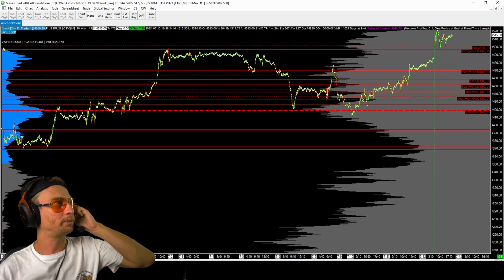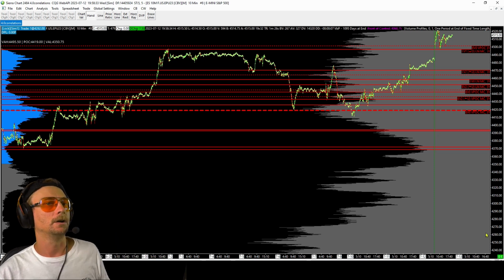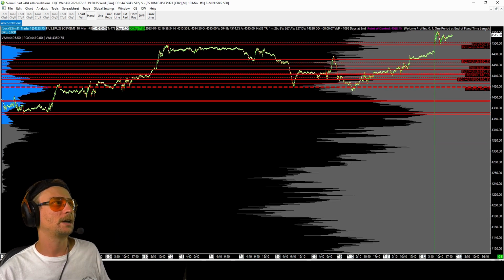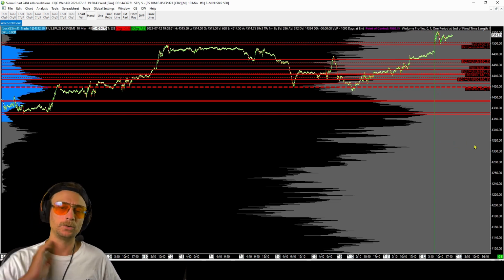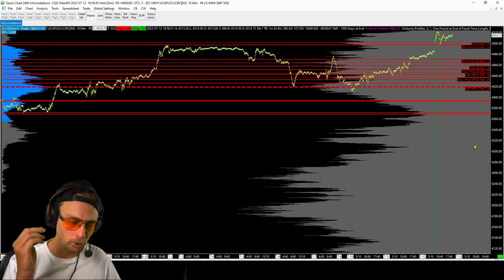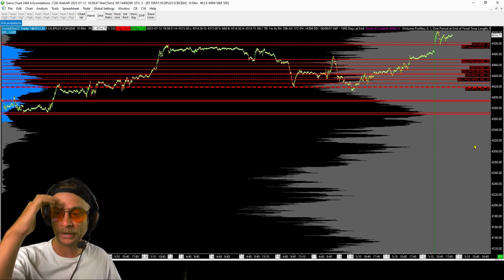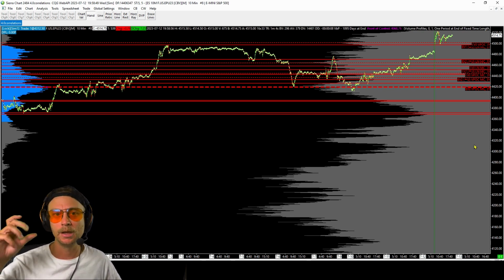This is what the profile looked like on the 6th at that time. As I drag the profile, it's building, almost like a playback feature. When I drag the profiles, I'm looking at what it looked like in real time. It's like I'm snapshotting the past.